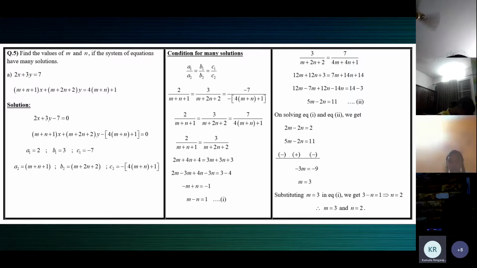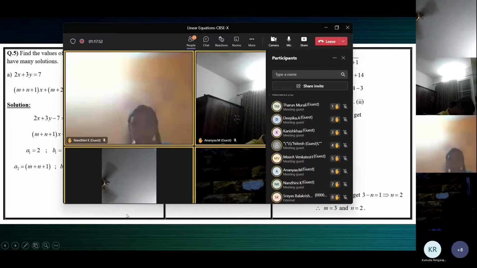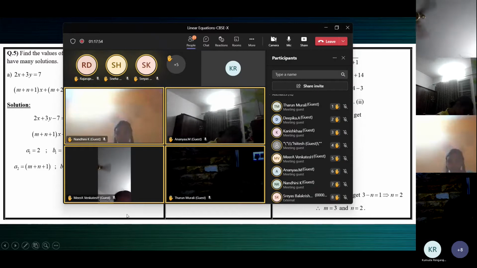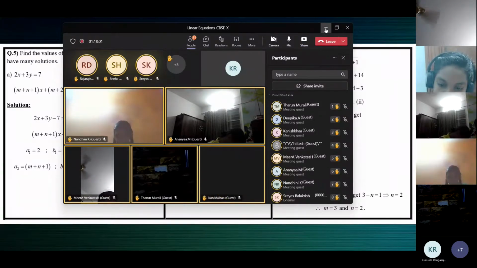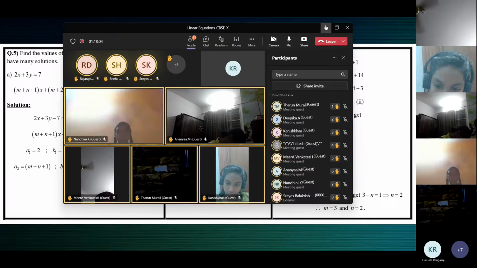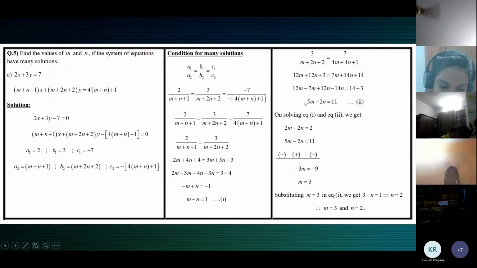Then write the required condition. Substitute the values, and then on equating, you can get two equations in M and N. Solve the equations and find the values of M and N. Take down the answer.